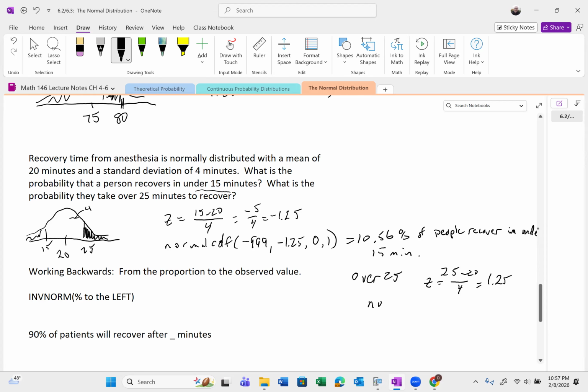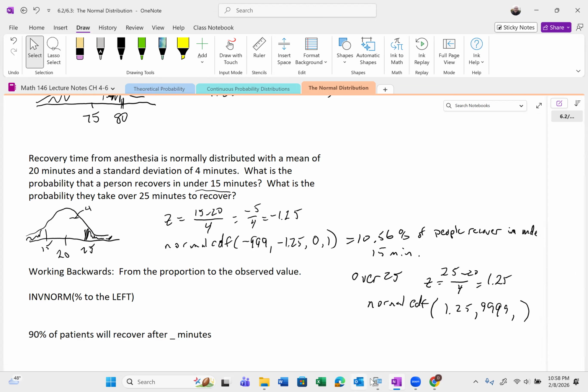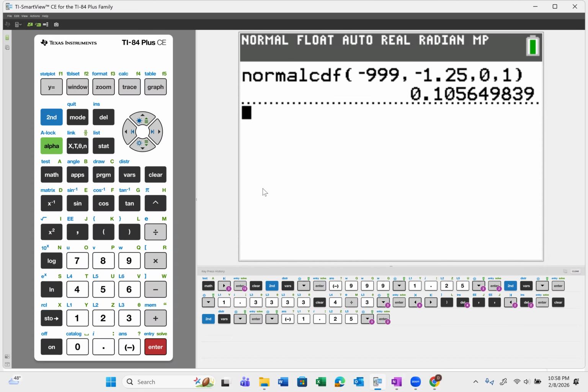And then now I want to do the normal CDF. But I'm looking for this upper tail probability from 25 and above. And so I want to start my left-hand bound at 1.25 and I want to go to positive infinity up there. Just a bunch of nines, a really large number will work up there. So that should give me my probability there.